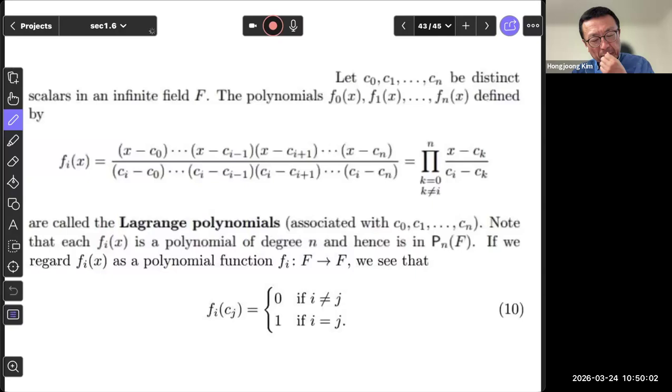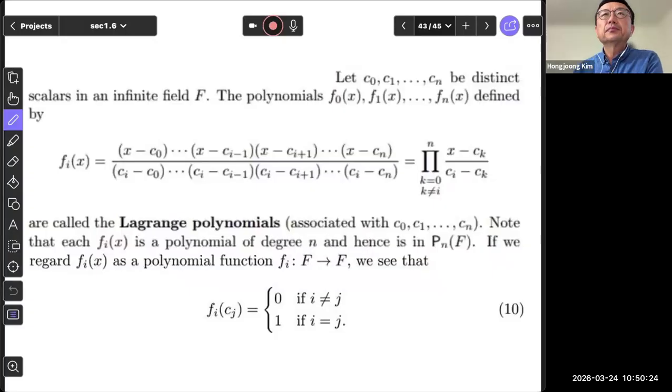Now, this example is one that many applied mathematicians, or people in application or engineering, like: Lagrange polynomials. So what is this?